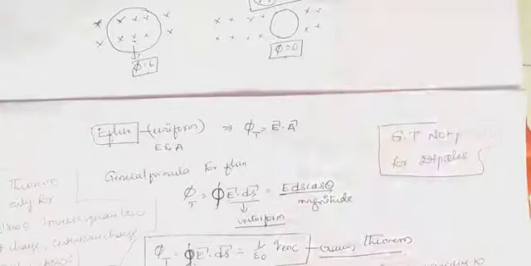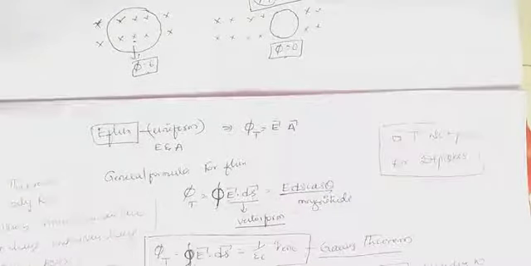Okay, so we can use Gauss theorem only for point charges or continuous charge distributions, but it is not applied for dipoles. For dipoles we have to use Coulomb's law only.